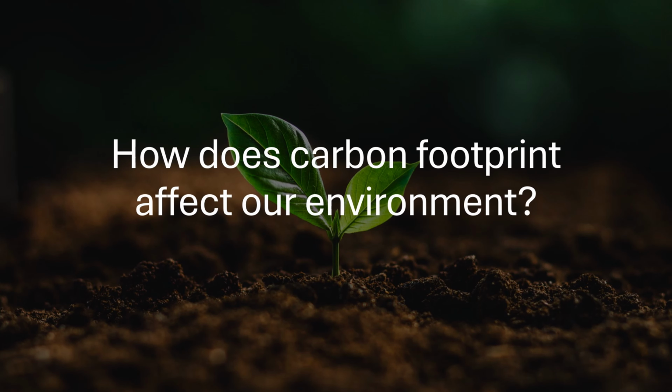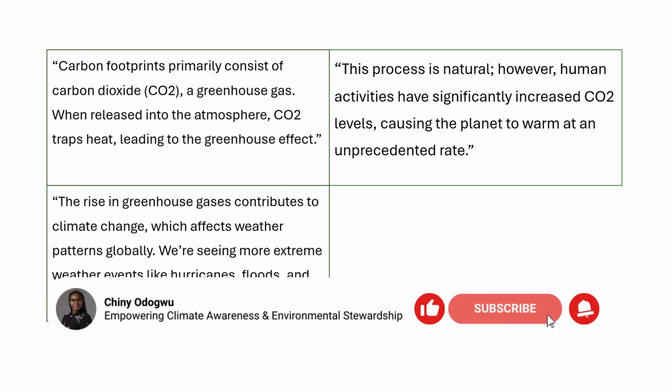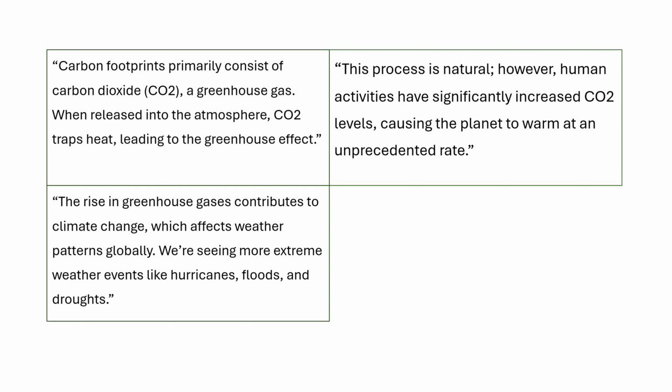How does carbon footprint affect our environment? So carbon footprints primarily consist of carbon dioxide, which is a greenhouse gas. When released into the atmosphere, CO2 traps heat, leading to the greenhouse effect. This process is natural, but human activities significantly increase the CO2 levels, causing the planet to warm at unprecedented rates.